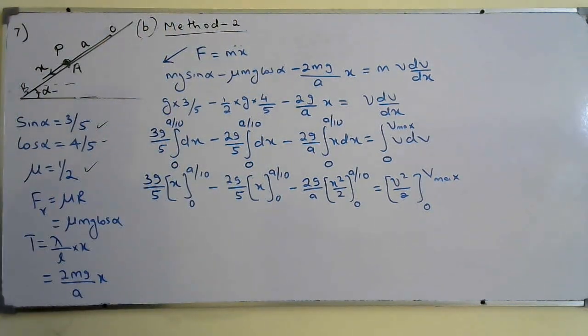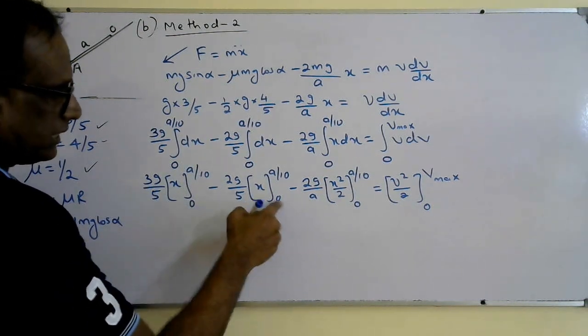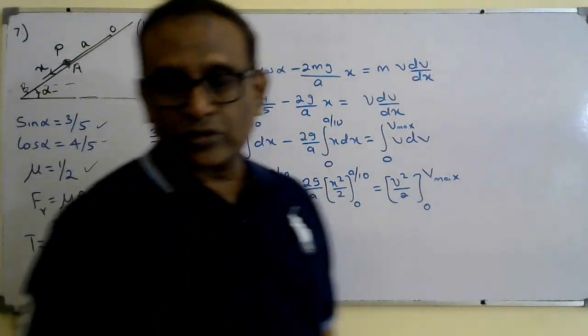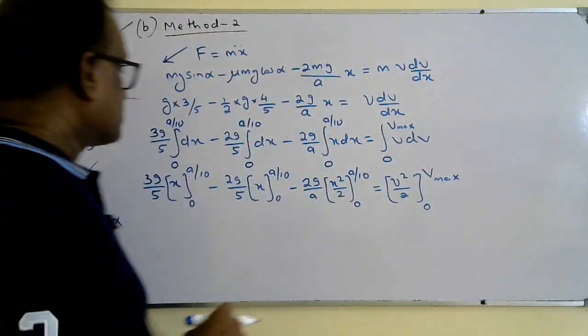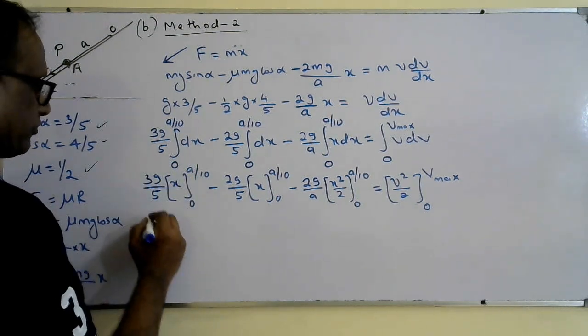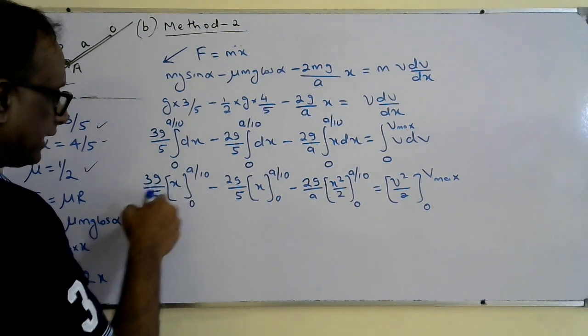Okay, we'll proceed. That is 3g over 5 into a over 10. When you substitute the limit 0, all these x values become 0, so I don't need to think about it. When I substitute a over 10, this will become 3ag over 50.